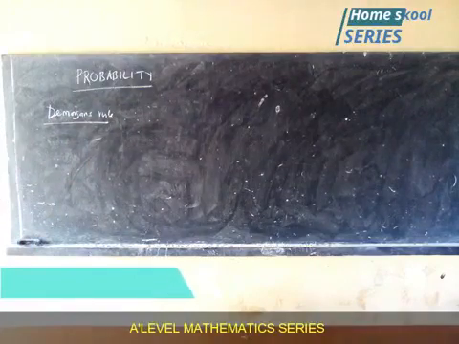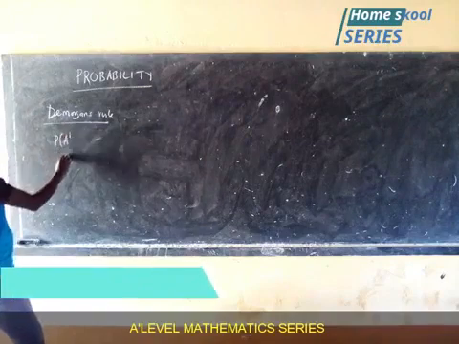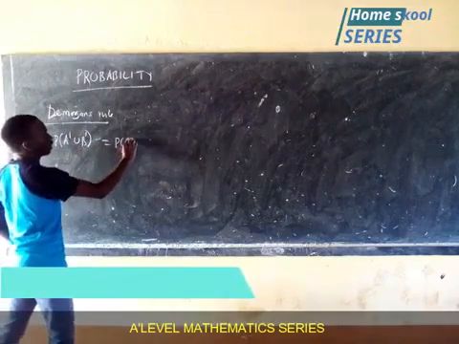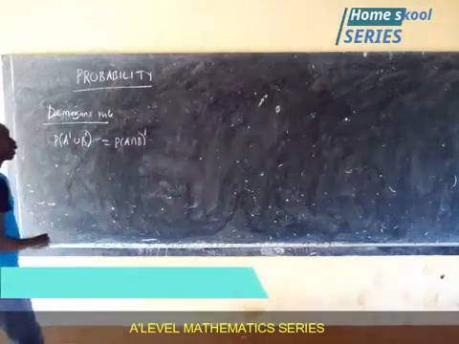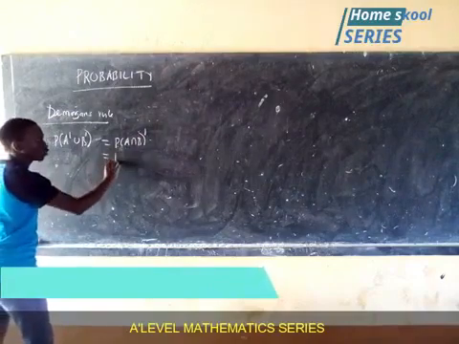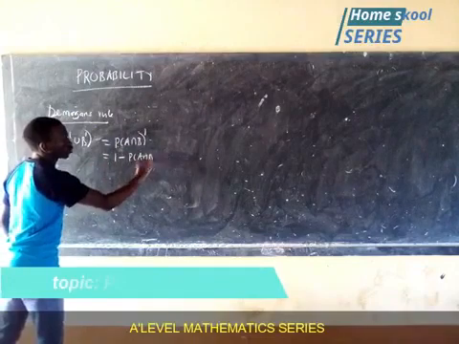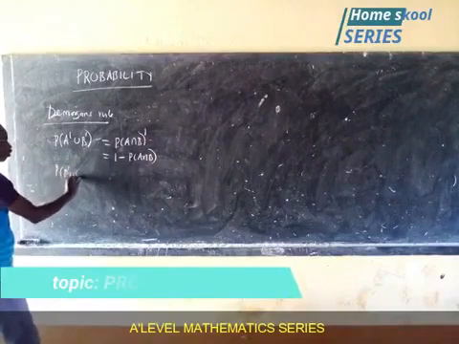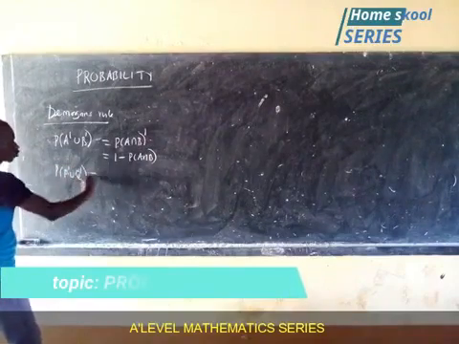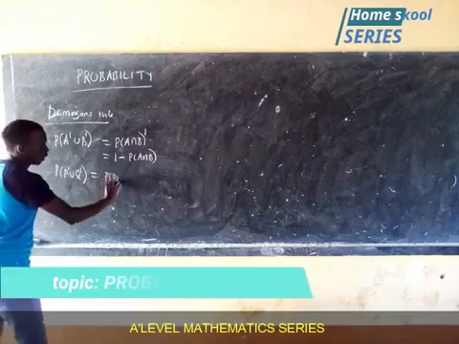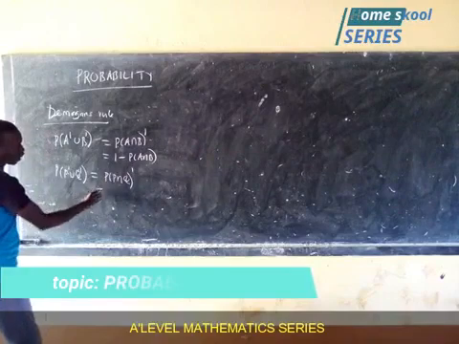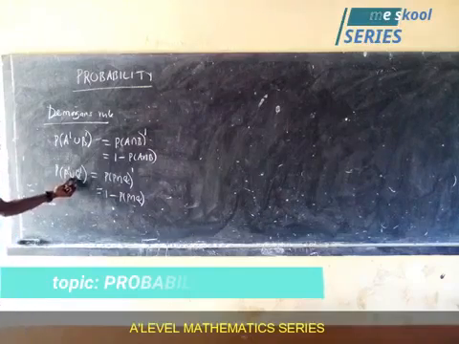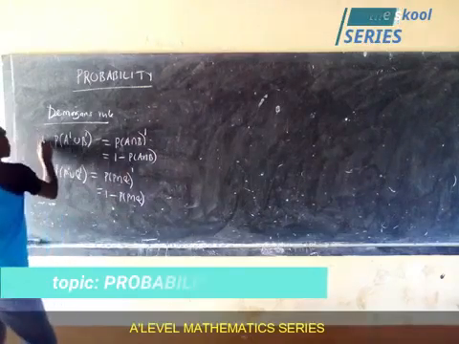If I consider two events A and B, the probability of A complement union B complement becomes probability of A intersection B, all of it complement, which simplifies to 1 minus probability of A intersection B. If I take two events P and Q, the probability of P complement union Q complement gives us probability of P intersection Q all of it complement, which becomes 1 minus probability of P intersection Q. Meaning if you're seeing a union here, this becomes an intersection. This one is our De Morgan's rule.